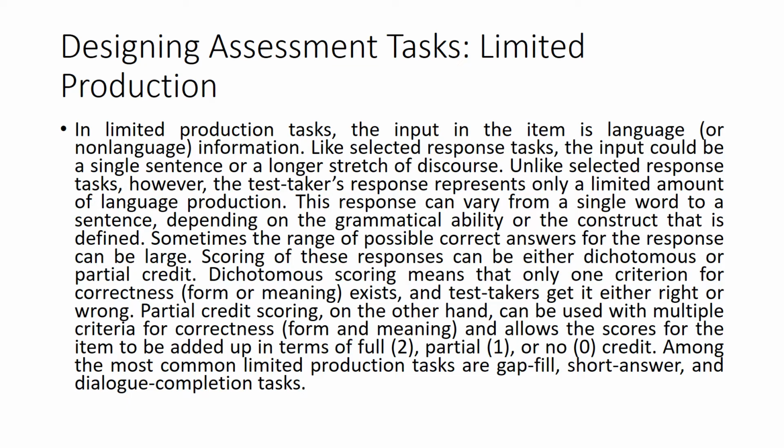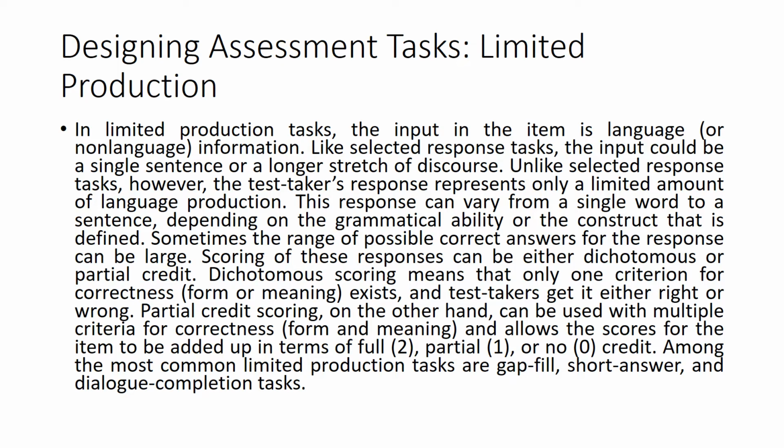What about scoring the responses for these questions? Their scoring can either be dichotomous or partial credit. What does dichotomous scoring mean? It means that you have only one criterion for correctness, for the correct answer.